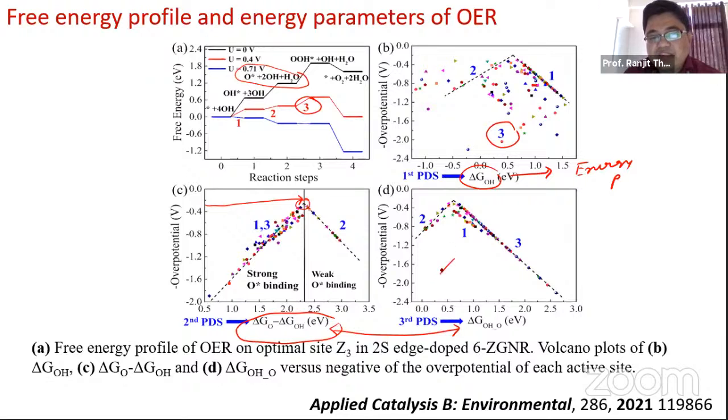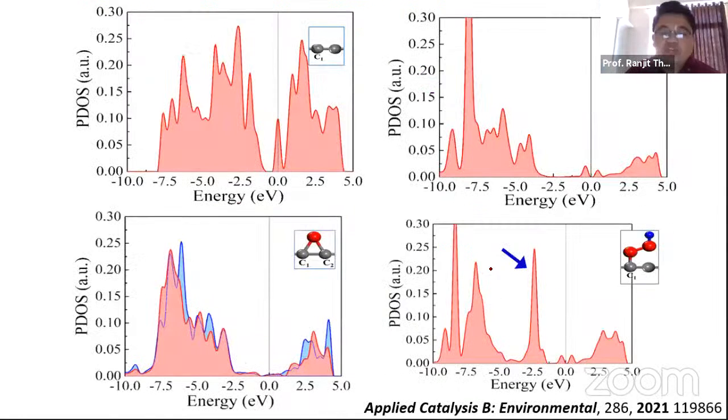Here we want to emphasize that oxygen is the main intermediate playing a role in the OER. And we have also proved with respect to electronic structure how, as the intermediate goes from O to OH, the electrons are given back to the surface, which leads to the main energy parameters of those reactions.